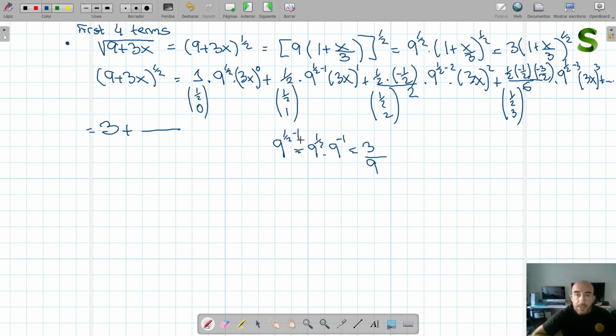So that's going to be 3 divided by 9. Remember that I had a 1/2 before that, so a 1/2 here. And then I have a 3x to the power of 1, which is 3 times x.